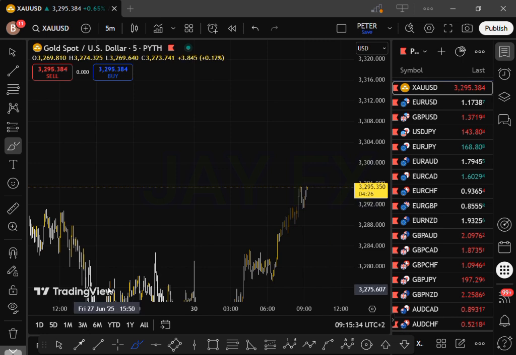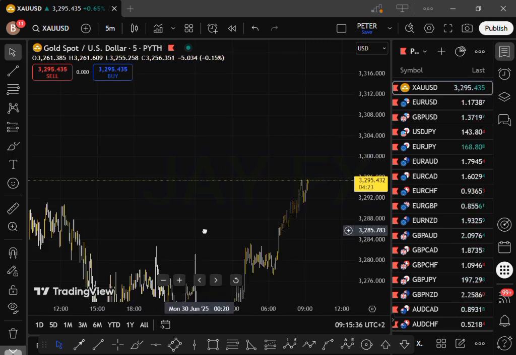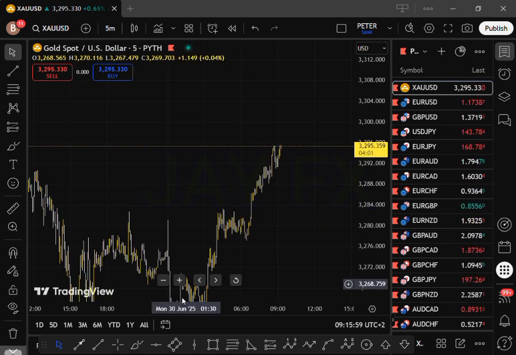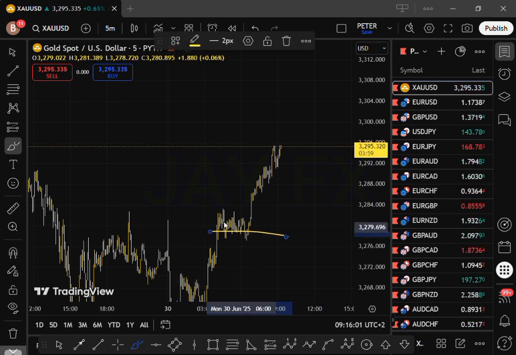Then you can just leave a comment in the section below and tell me what you saw and what you did after analyzing on your side, because I gave you the bigger picture of what I did and why I did that. Then you should tell me what you were thinking. You could have sold when price was here, or you could have bought with me here.